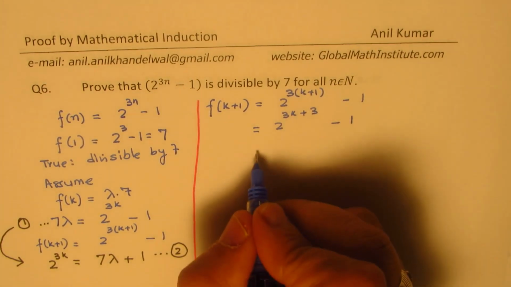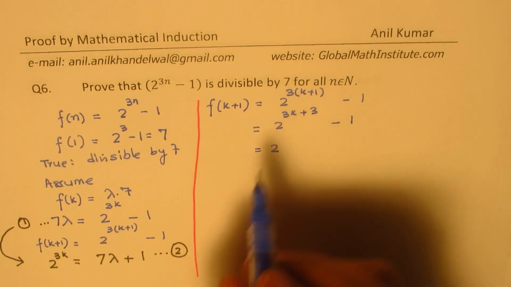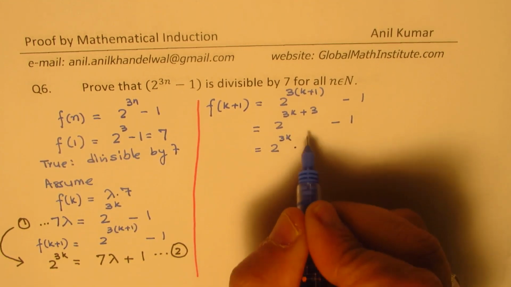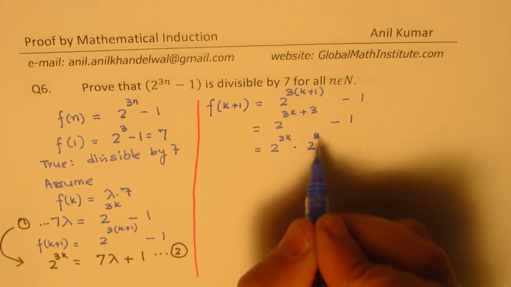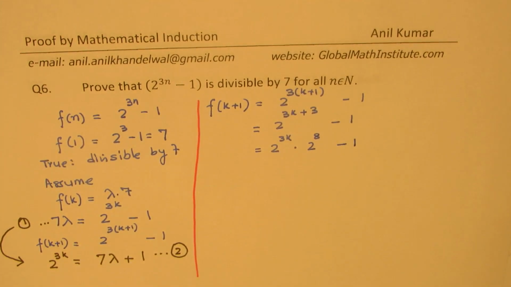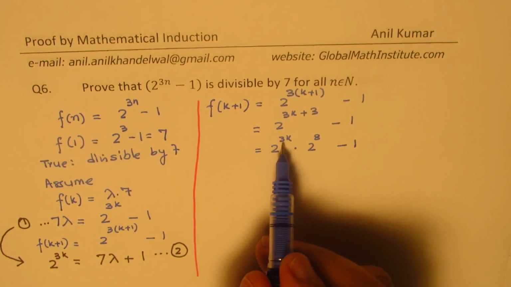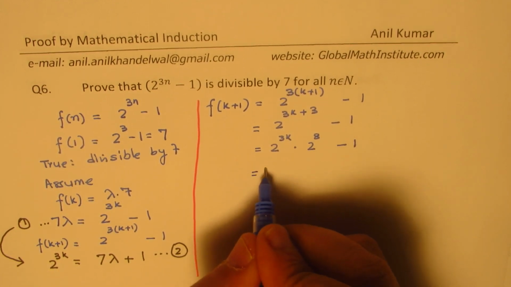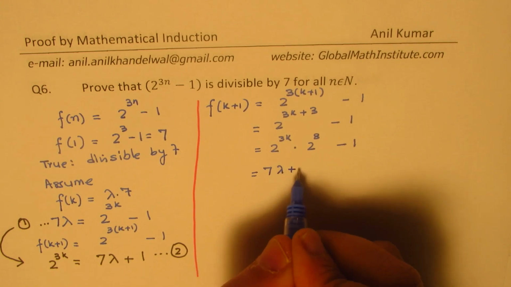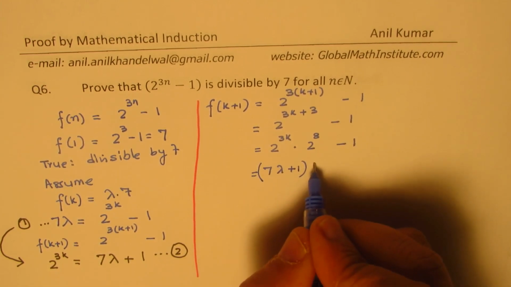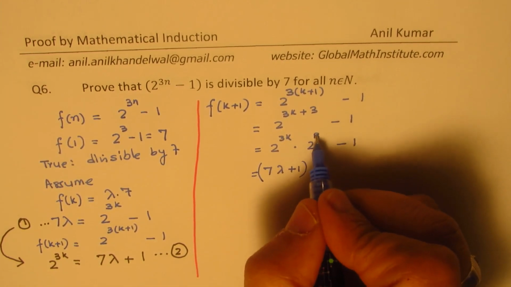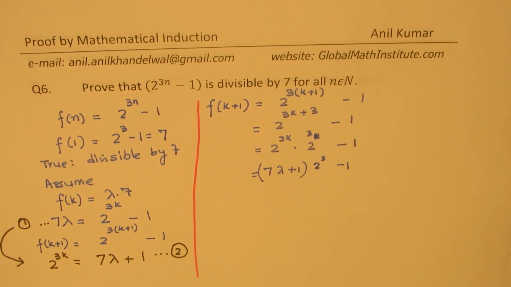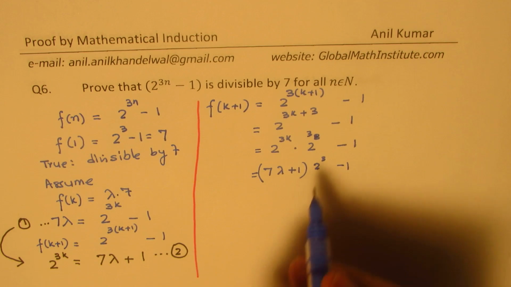Now, which is equal to 2 to the power of 3k times 2 to the power of 3 minus 1. Now 2 to the power of 3k we have written as 7 lambda plus 1. So we'll write this as 7 lambda plus 1 times 2 to the power of 3, which is 8, minus 1. Correct? So let's open the bracket.